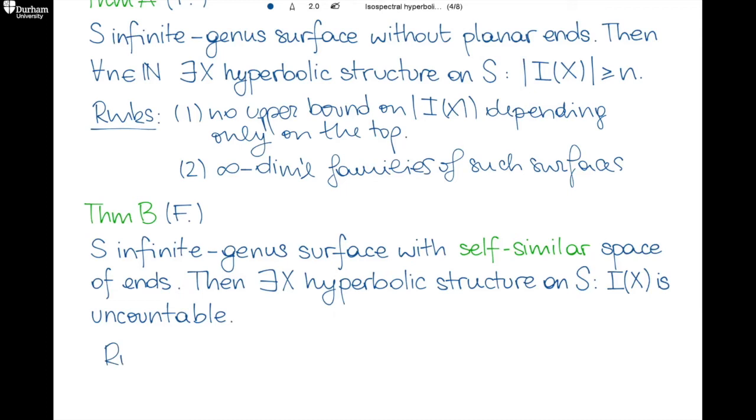So a couple of remarks. The first one is that as above, actually, I can get infinite dimensional families of such surfaces.